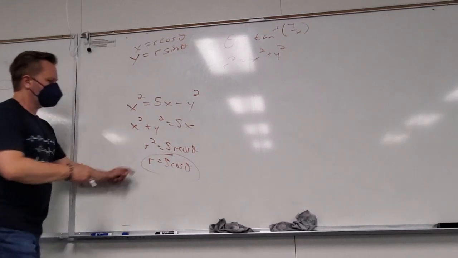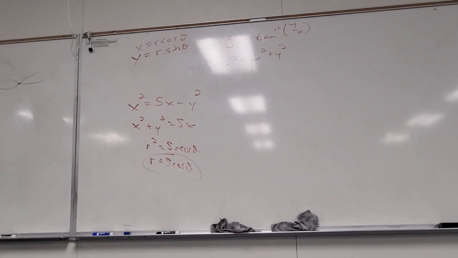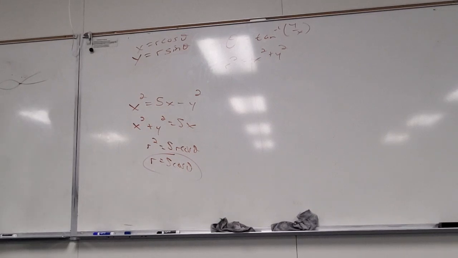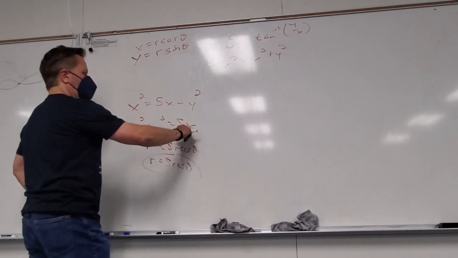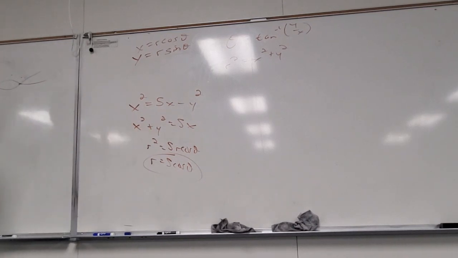Do you guys know enough? We've only done a few, but this is one of the more basic ones. What would that look like? A circle. Sitting on which axis? The x-axis, because it's cosine. In fact, you would subtract the 5x, complete the square, and so on. It'd be shifted on the x-axis.